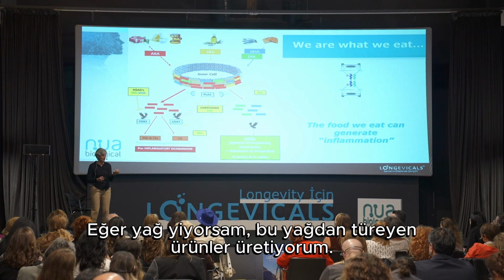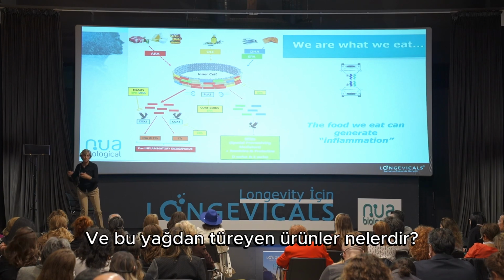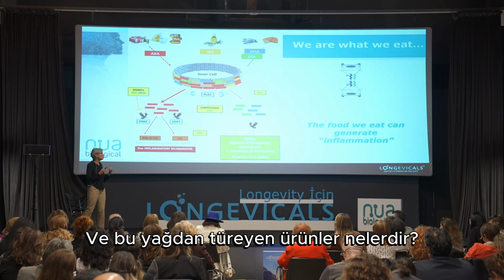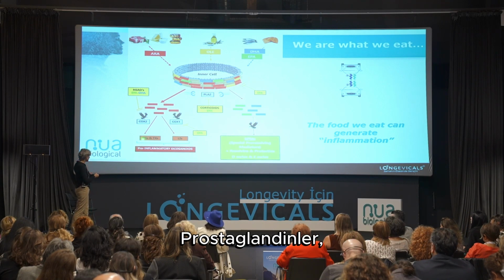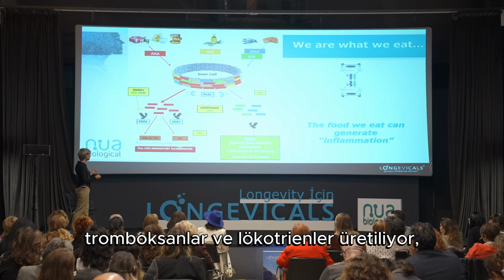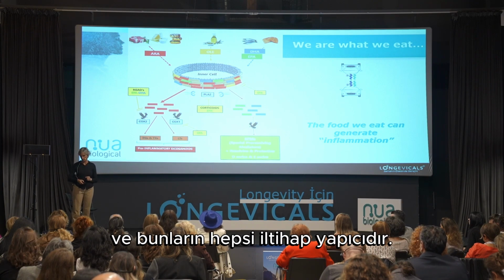If I eat fat, I produce subproducts which are also fat. And which fatty subproducts do we produce from arachidonic acid? Well, we produce prostaglandins and thromboxanes and leukotrienes, which are all inflammatory.